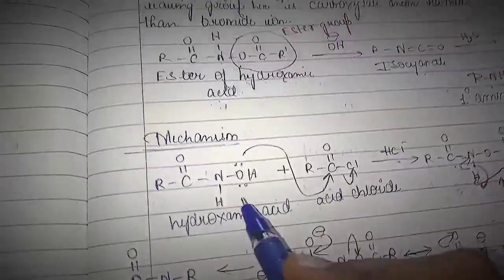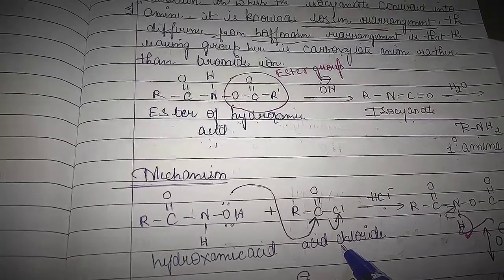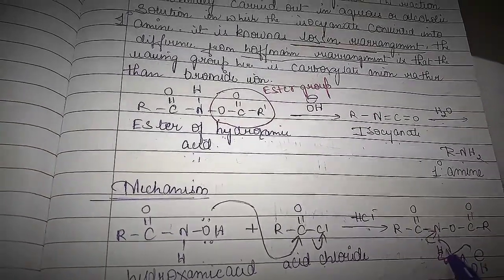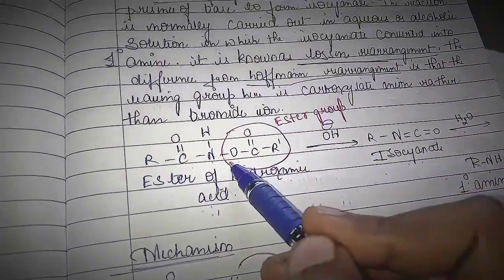When the hydroxamic acid is treated with the acid chloride, we will get the ester of hydroxamic acid. That is, this is an ester group.